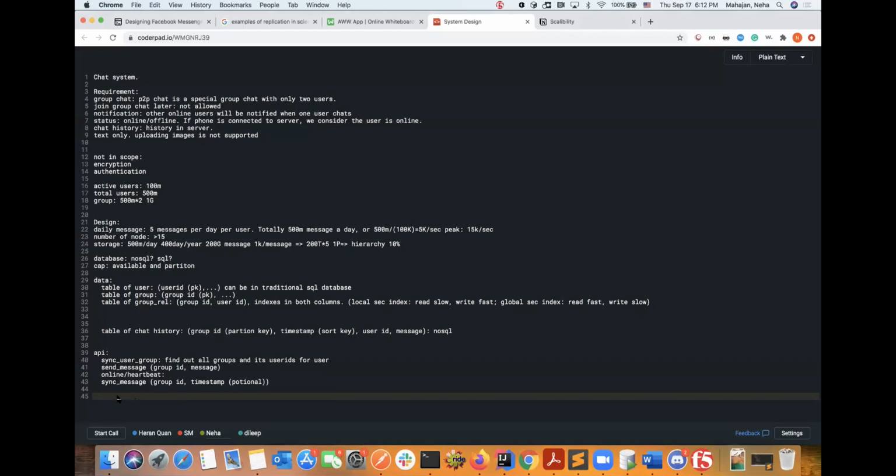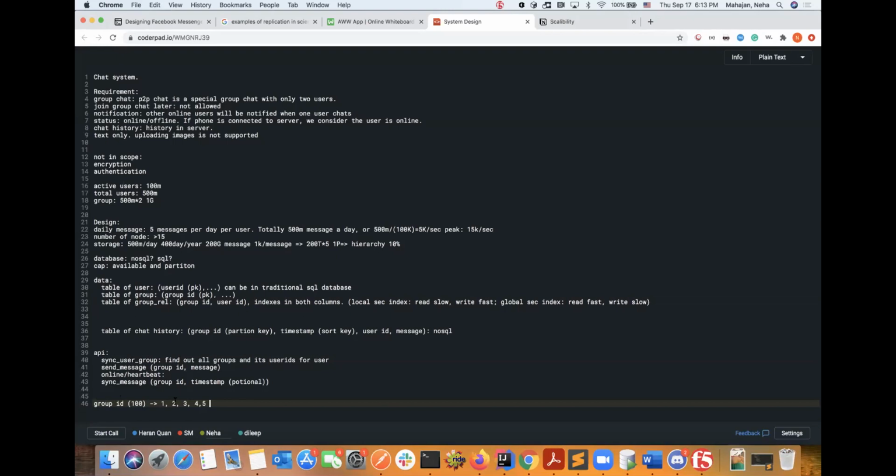Okay. So what I was saying, if we store this group relational table in HBase, then our group ID will be the primary key, and all the users which belong to this group will be the columns of this table. So for example, this group ID is 100, and this group has 5 users: 1, 2, 3, 4, 5.